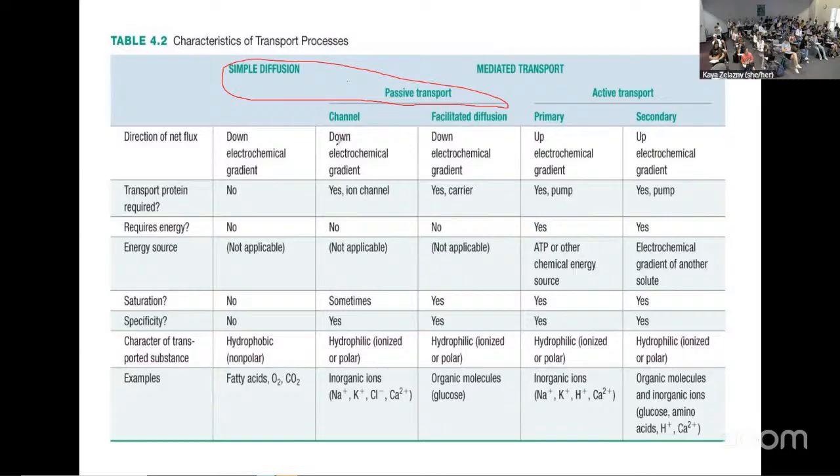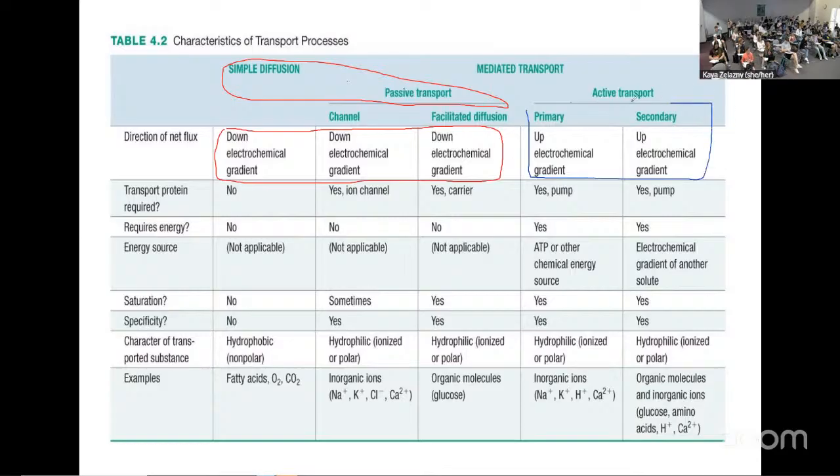So we can see that we identify passive transport as going down electrochemical gradients in a favorable direction. Right, that's going to be our passive transport. And we could then fill in that our active transport is going against an electrochemical gradient, whether we are primary or secondary active.